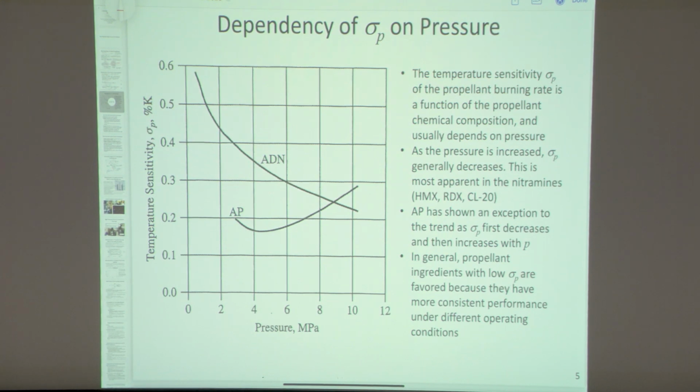Ammonium perchlorate is an exception to this trend, as sigma P first decreases and then increases with pressure. In general, propellant ingredients with low temperature sensitivity are favored because they have more consistent performance under different operating conditions. So I definitely want a small value for the temperature sensitivity of my formulation.